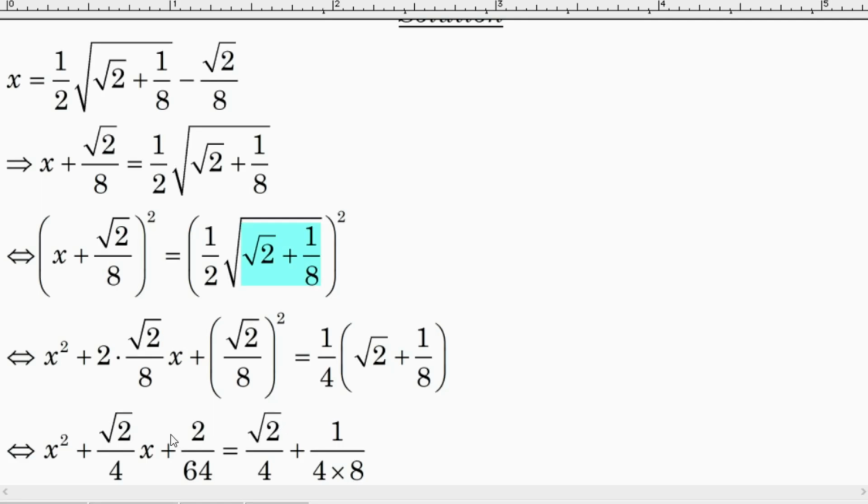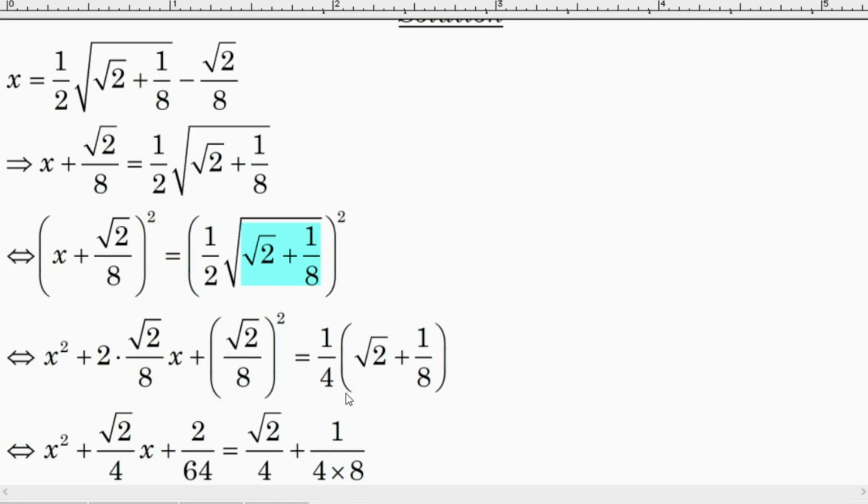Alright, so next we have here x squared plus, and when we simplify 2 with 8, we get square root of 2 divided by 4, and x is still the same, and then plus. So here square root of 2 squared is equal to 2, and 8 squared is equal to 64.